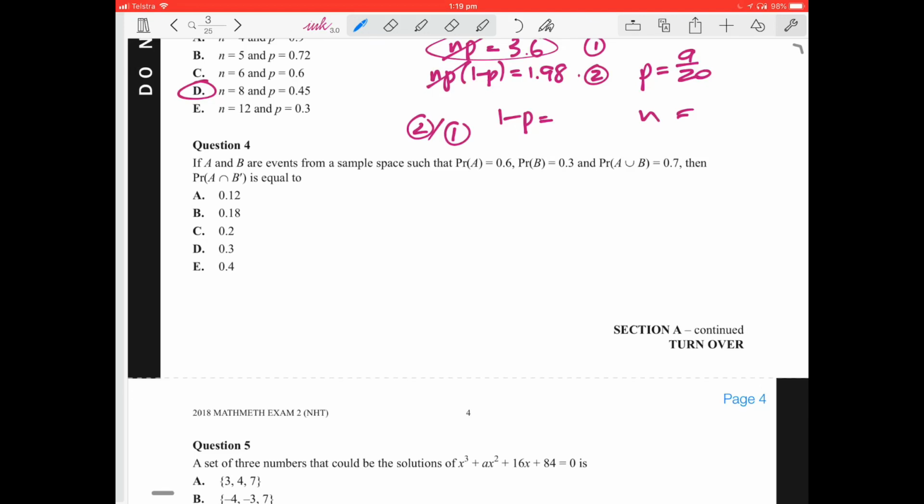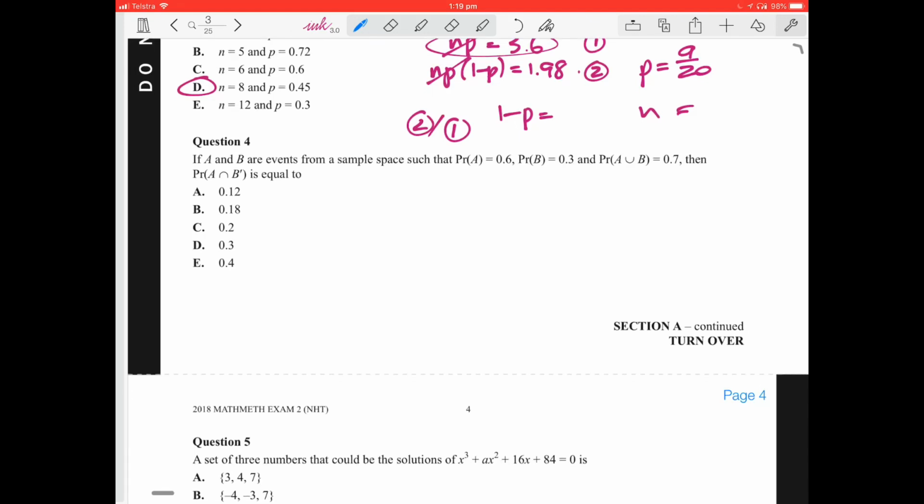Sample space such that A is B, A or B. Okay, so A or B, that's 1 minus the probability of A naught intersects B naught. That's equal to 1 minus probability of A or B. So that's going to be 0.3.